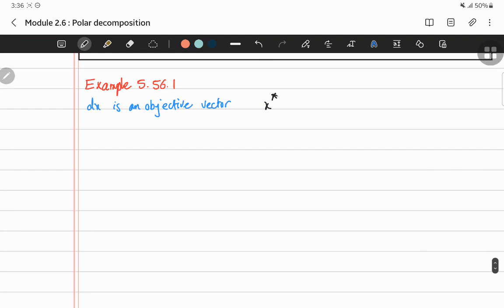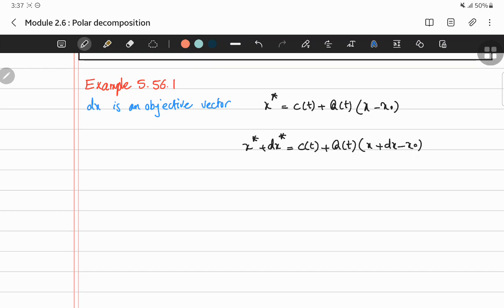So if you remember, we had x star equal to c(t) plus this orthogonal tensor times x minus x0. So this is basically x star plus dx star, so this is up until here, this is dx, is equal to c(t) plus Q(t) times x plus dx minus x0.